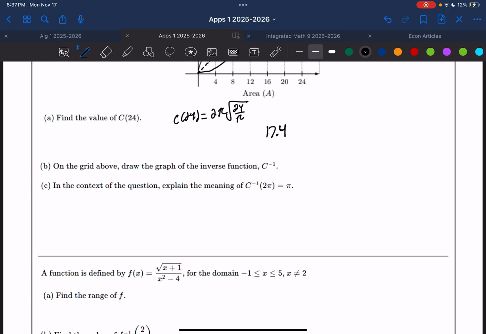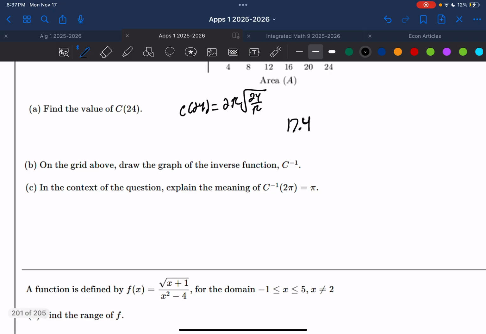So that means that a circle with circumference of 2 pi has an area of pi.